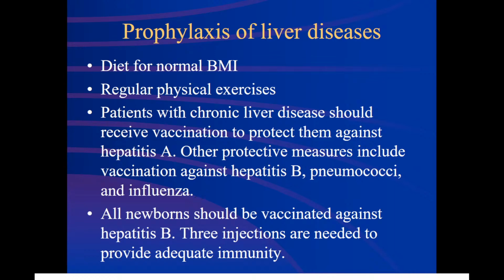All newborns should be vaccinated against hepatitis B. 3 injections are needed to provide adequate immunity. So prophylaxis is a normal lifestyle, diet, regular exercise, and also antiviral vaccination.